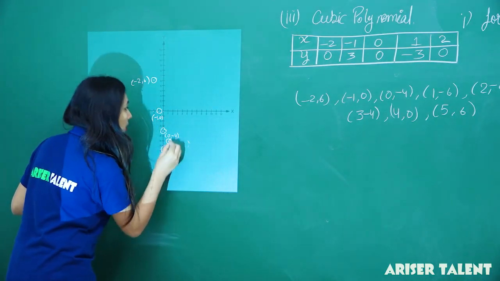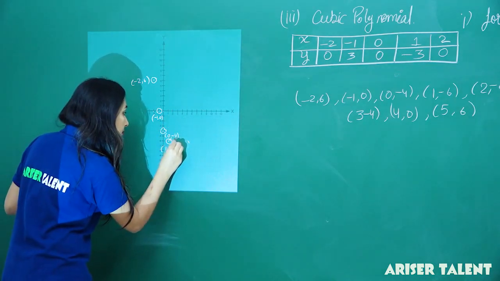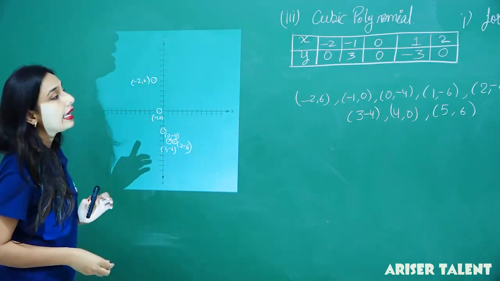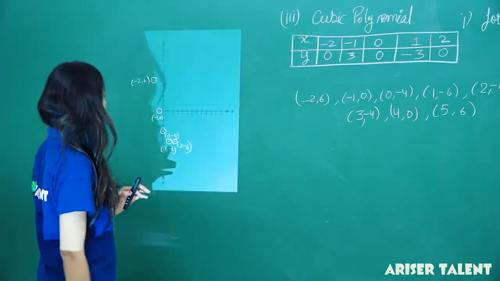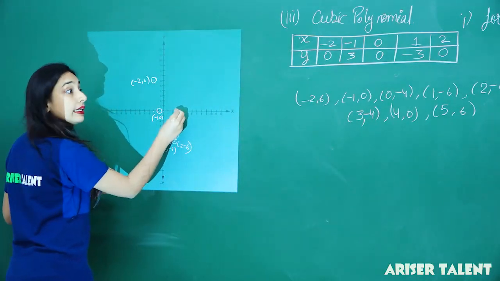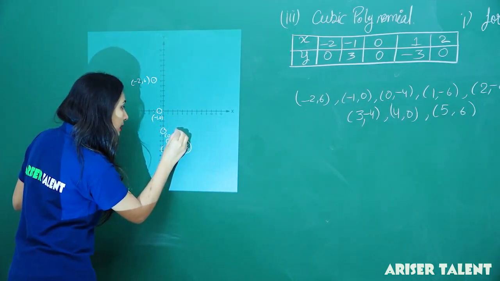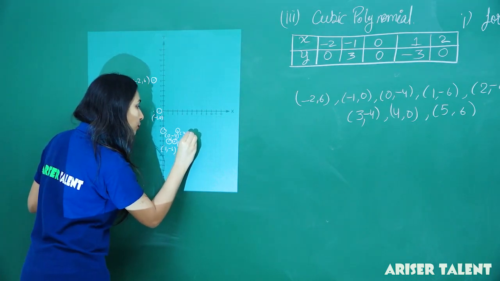Now this 2 and minus 6 here. Then 3 and minus 4. 3 is here and minus 4 is here. So this will be 3 and minus 4.